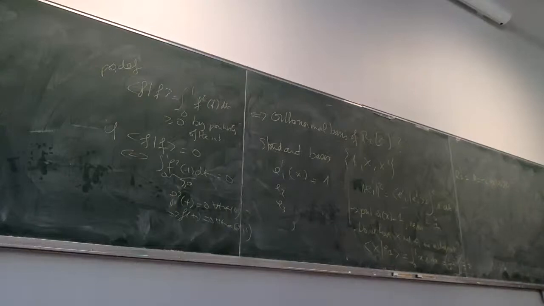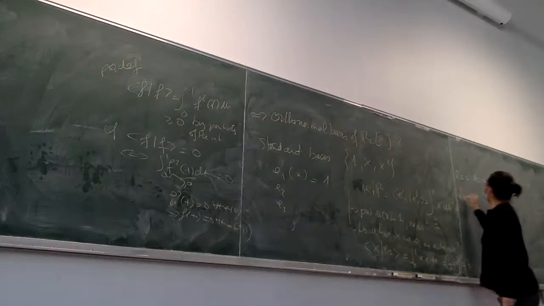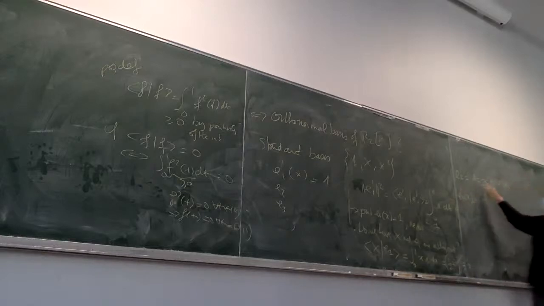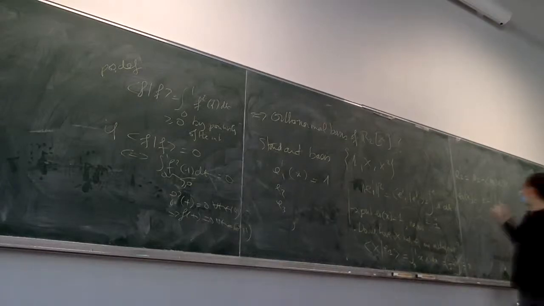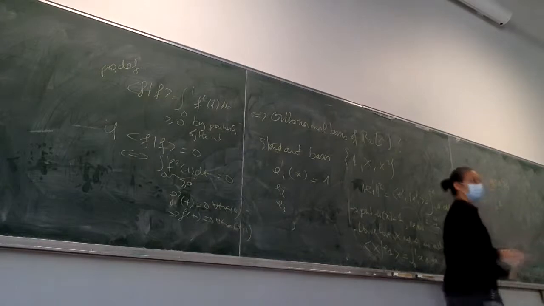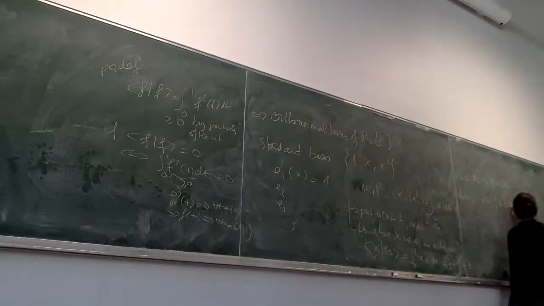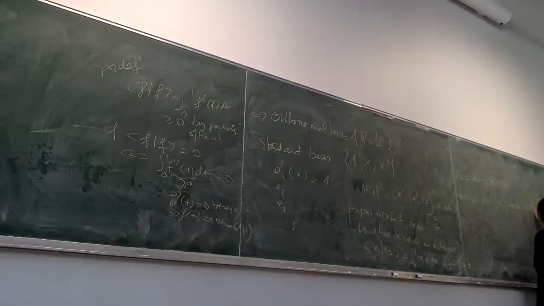Next one, you will take U3 minus the orthogonal projection on the first two vectors that you have made. So E prime 2 of x is x minus 1 over 2, and you can check that it's really orthogonal to E1.